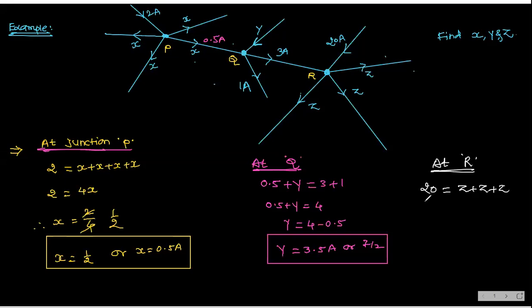Yes, 20 plus 3 is also coming here. You can see this 3 is also coming. So 23 is equal to 3Z, and therefore Z is equal to 23/3, which is equal to how much? 7.66. So Z is equal to 7.67 ampere, rounding off.